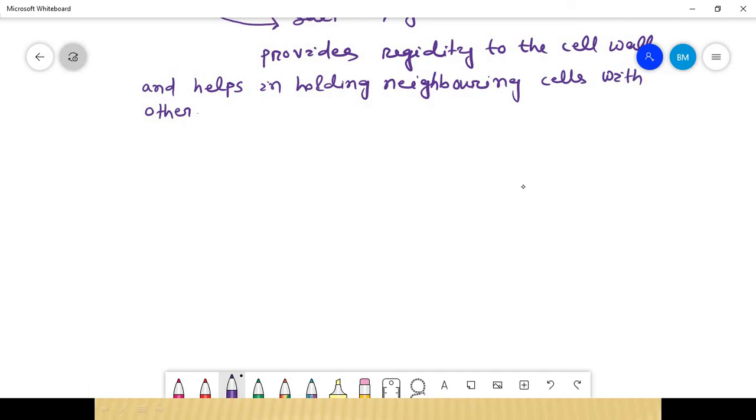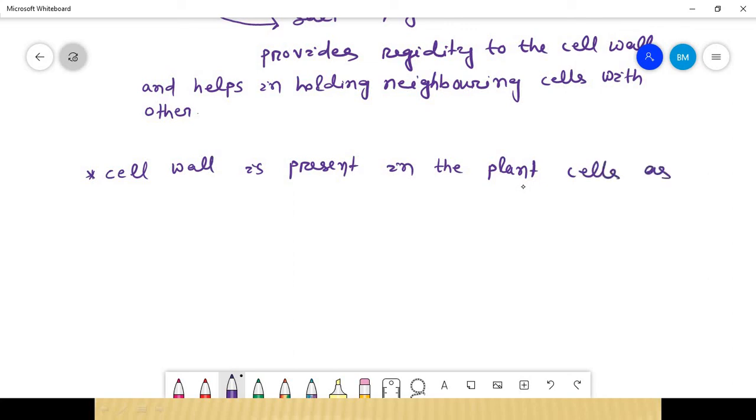Cell wall is found in plant cells as well as in algae.